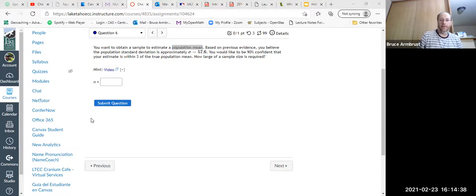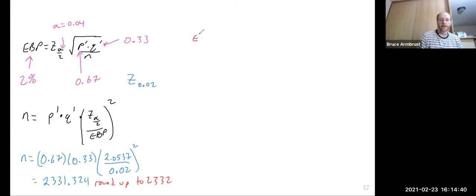So let's go back to the whiteboard. Now this time, if we go to the EBM, it's a z of alpha over 2 times sigma divided by the square root of n.